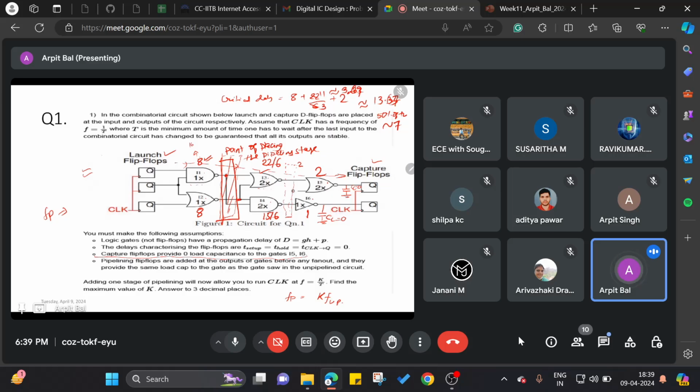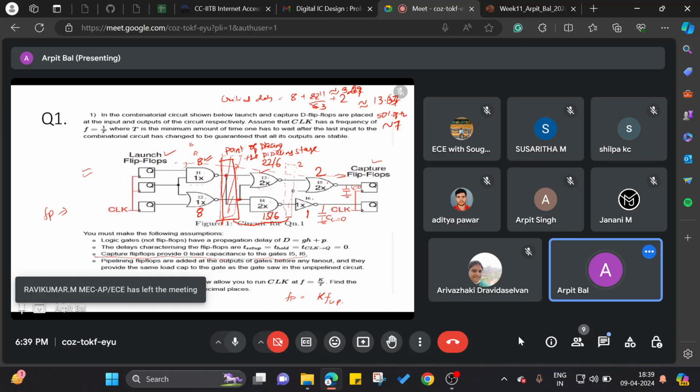Now what is the critical path from this point to this point? It's 22/6, right? Yes, sir. Okay, but now tell me, even if I put a pipeline stage here, the first pipeline stage frequency of operation is still going to be 1/8.